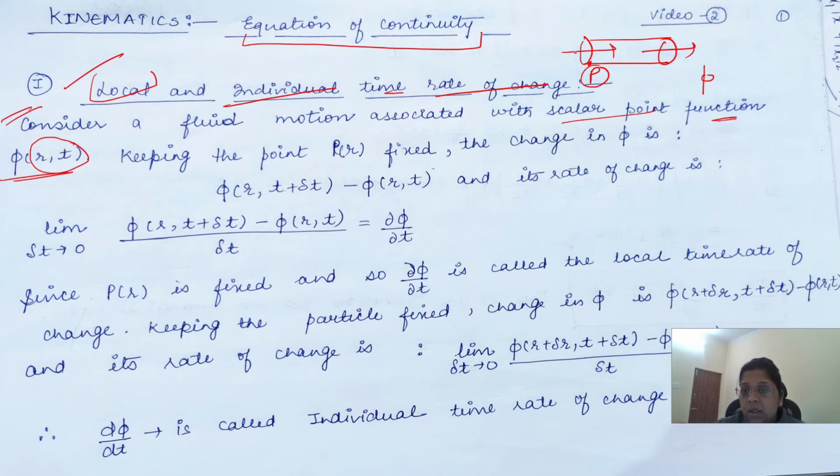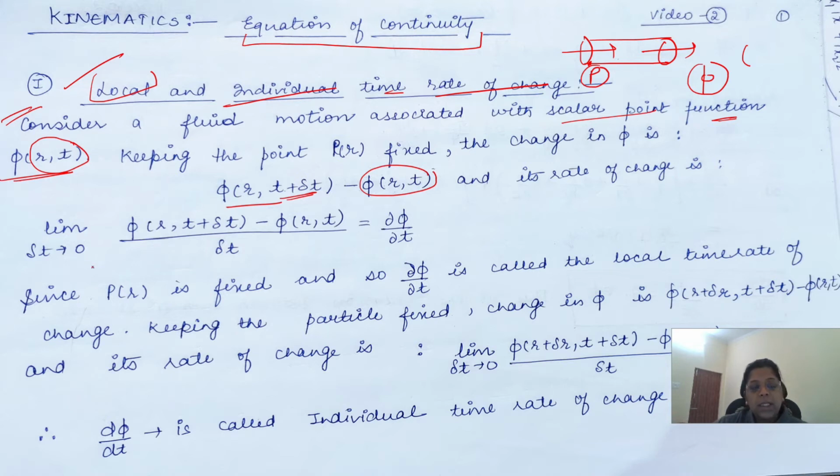The change in the function is the change with time: phi(r, t plus delta t) minus phi(r, t), that is, the final value minus the initial value of the function. Its rate of change is divided by delta t.